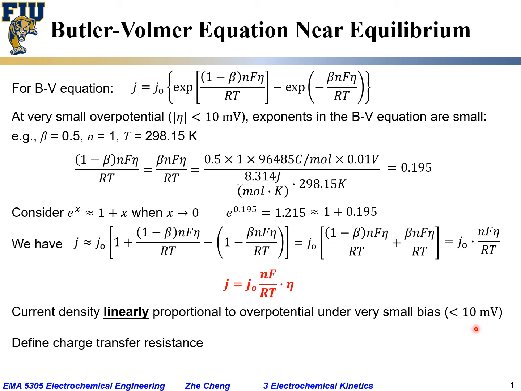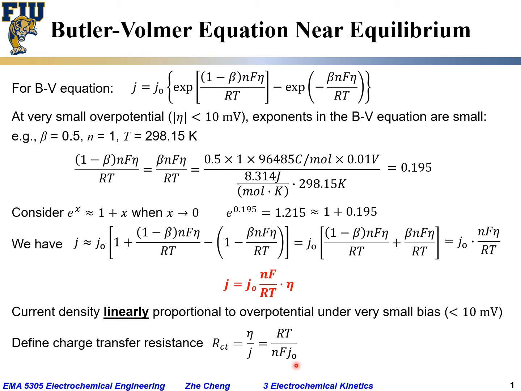Under such a condition, near equilibrium, sometimes people define another term called charge transfer resistance. R for resistance, CT for charge transfer. The resistance would be the overpotential divided by the net current density, eta divided by J. From this equation, eta divided by J gives RT divided by NF divided by J0.